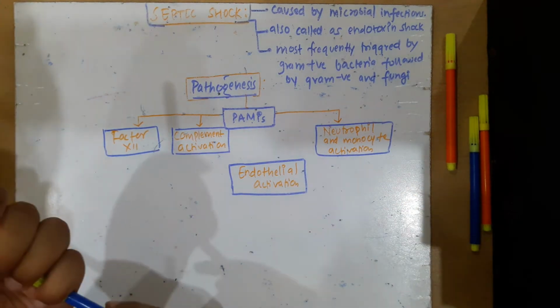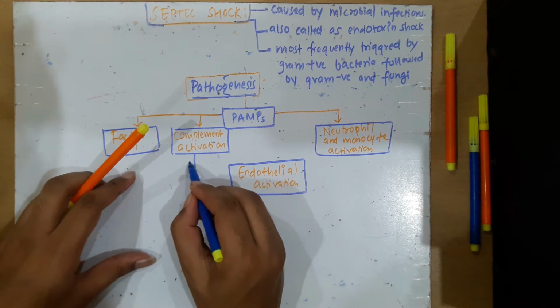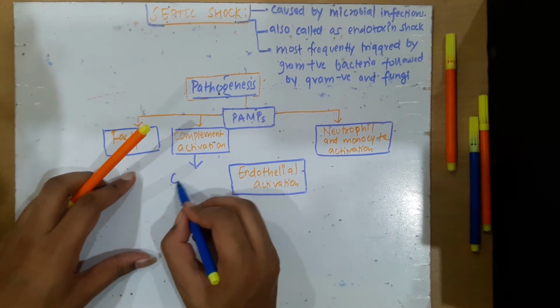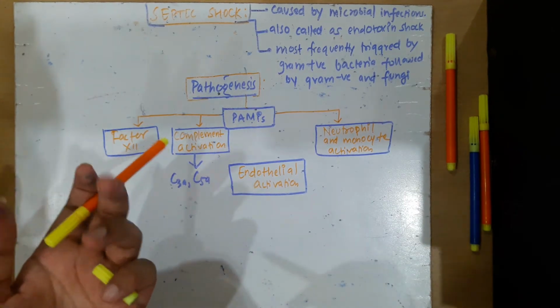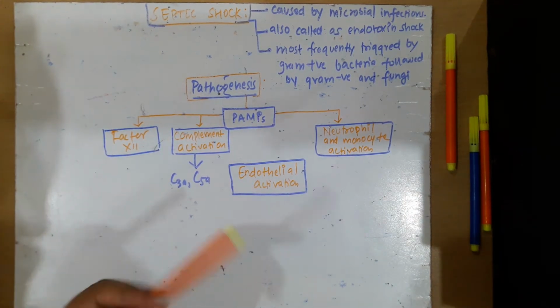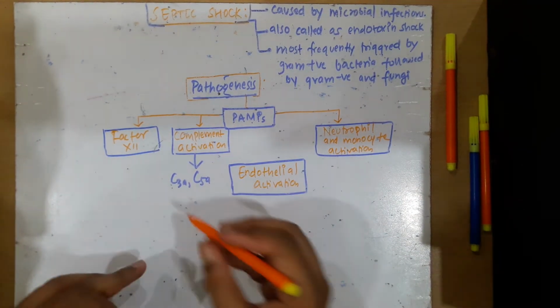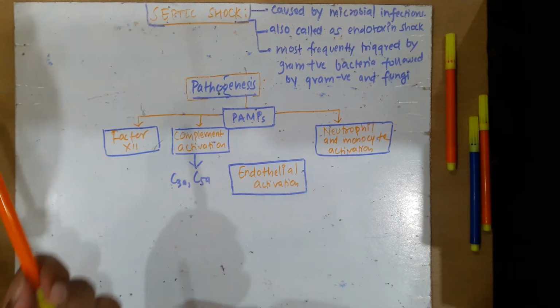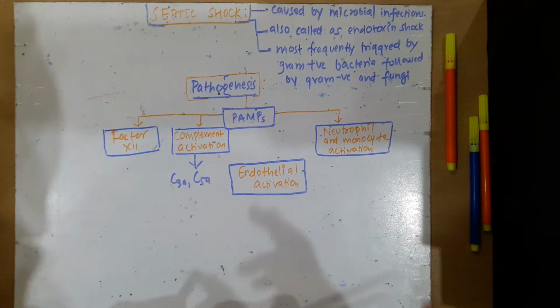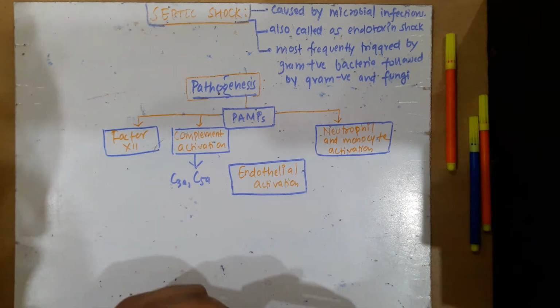Okay, endothelial activation is giving C3a and C5a. If you have studied the chapter on inflammation, then you may know about complement activation and C3a, C5a. If not, we shall discuss in our upcoming videos about inflammation.